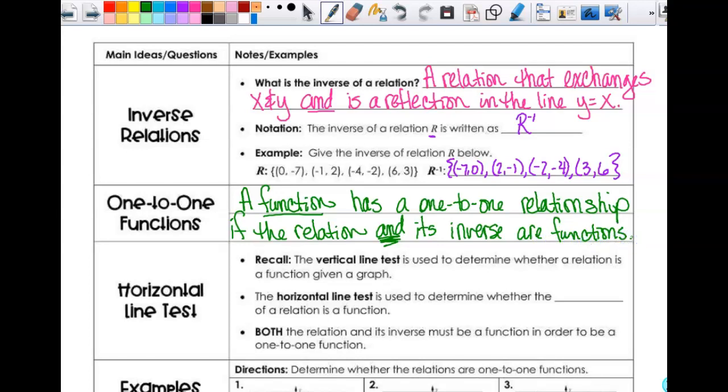Okay? So a function has a one-to-one relationship if the relation and its inverse are functions.